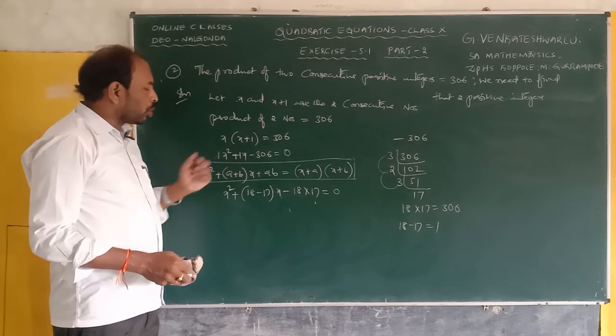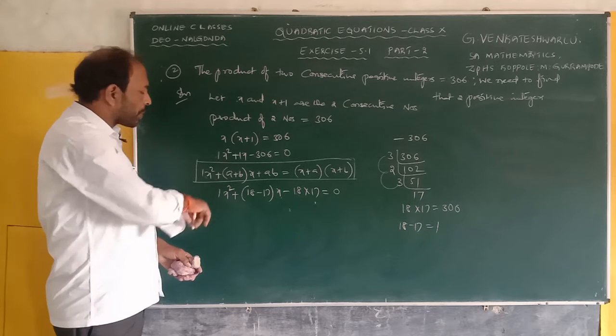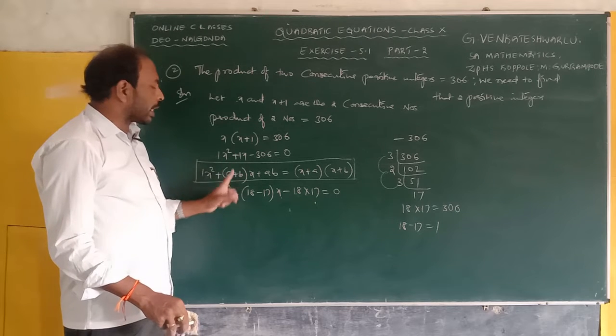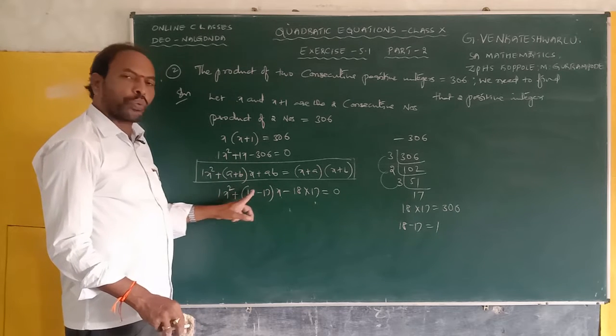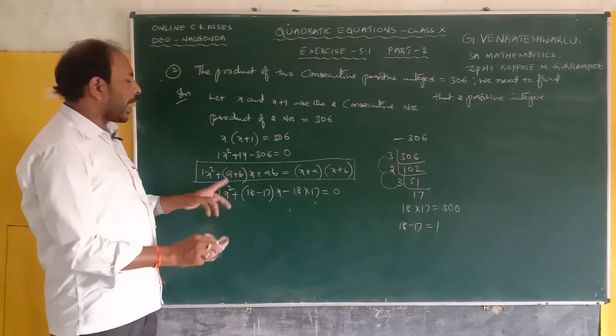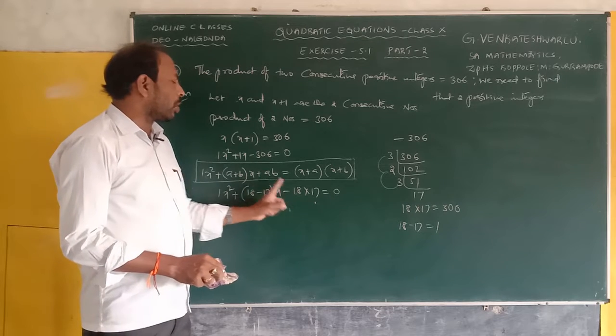The x square coefficient is 1 in both. The x coefficient is written as the sum or difference of two factors, where a is equal to 18 and b is equal to minus 17.